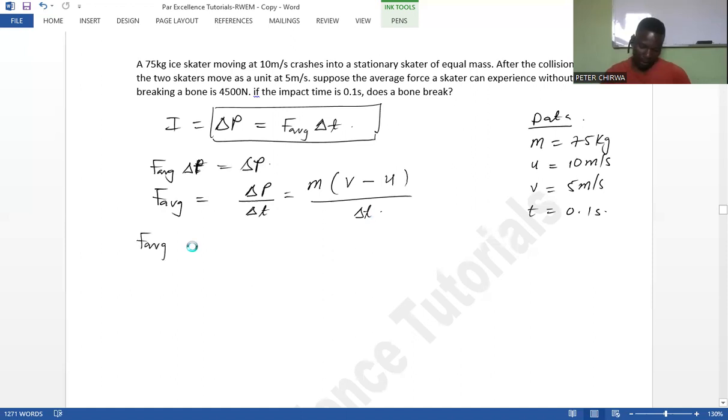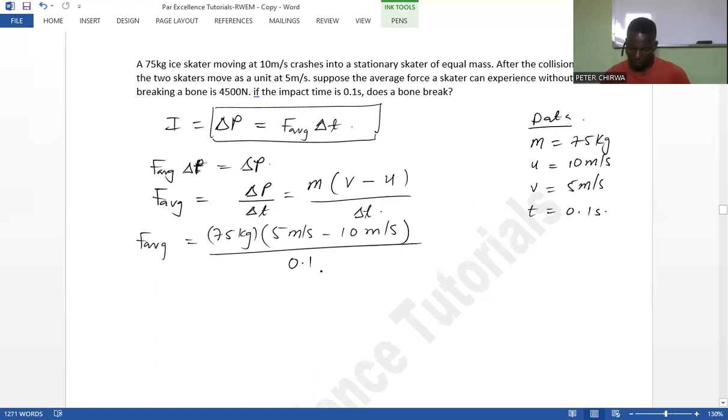So the average force is going to be 75 kg times 5 meters per second minus 10 meters per second, over the time of impact, which is 0.1 second. So here it's 75 times -5 meters per second over 0.1 second.